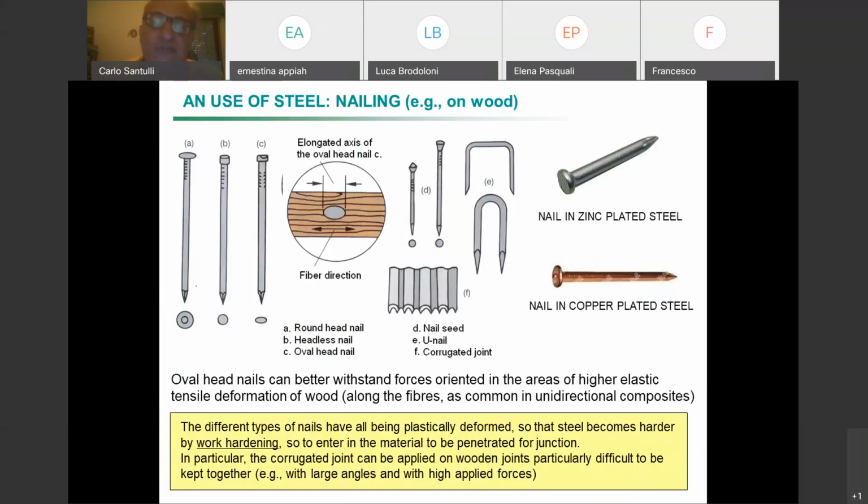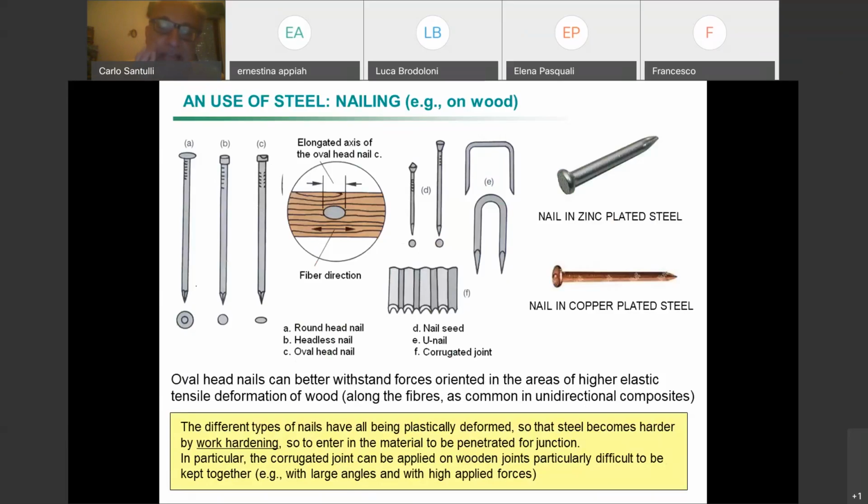If you want to deform a material, for example, in turning wood, you want to deform it by some mechanical operations. Or if you want to nail something on wood, for example, you need to deform plastically.